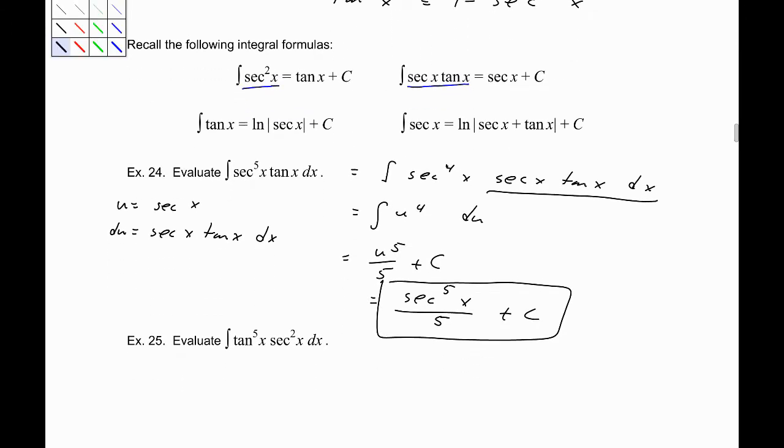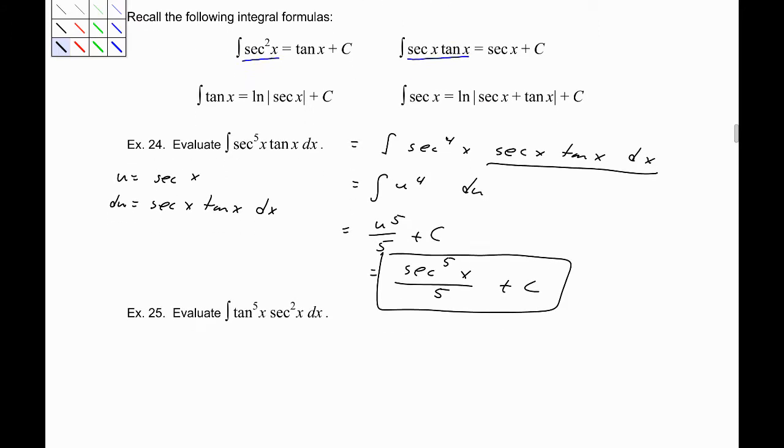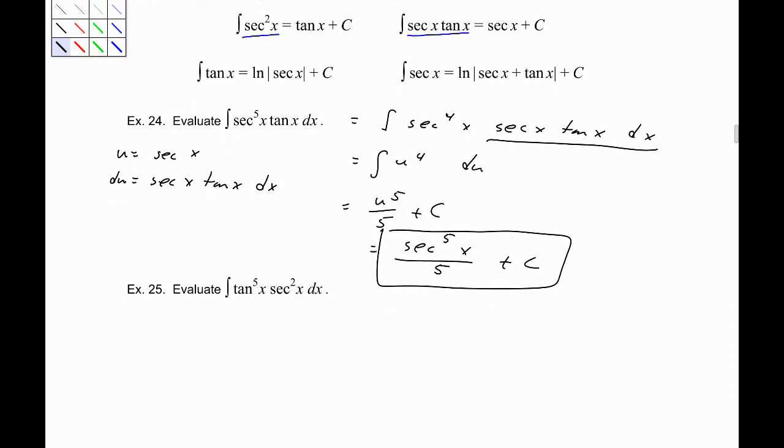Next we have tangent to the fifth and secant squared. Again, we want a secant or a tangent alone. We either want a secant and a tangent, or a tangent or a secant squared.